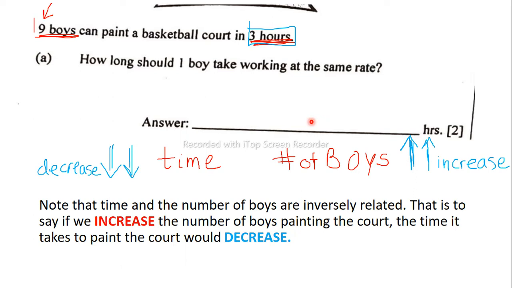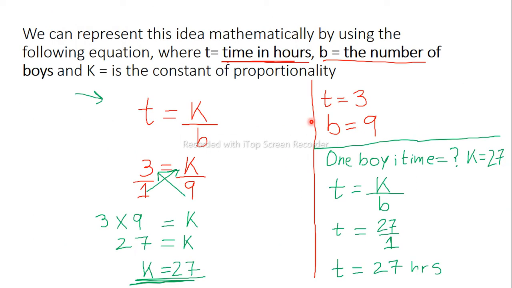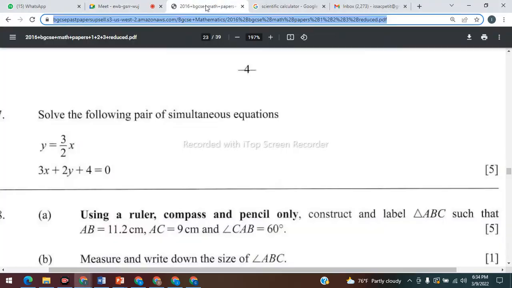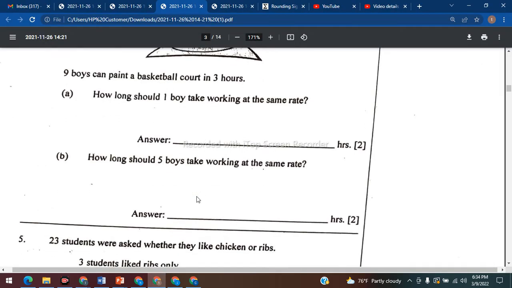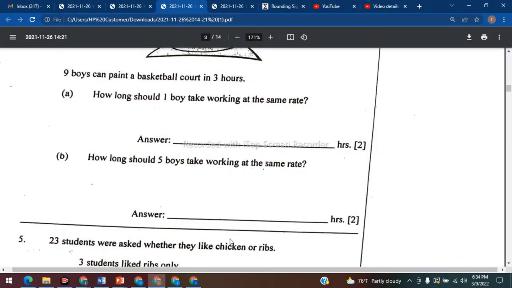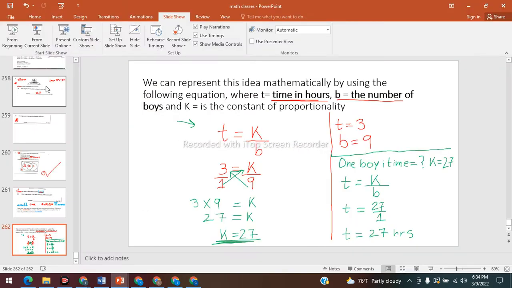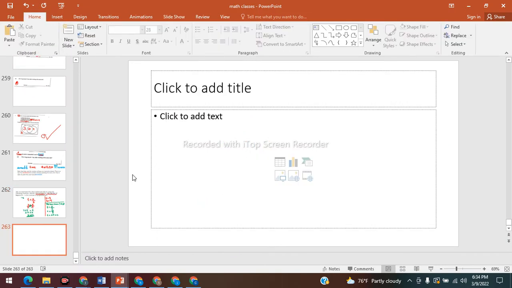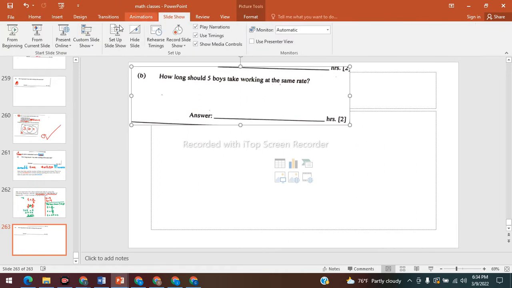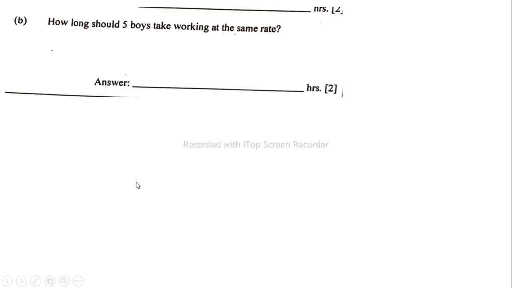Let me allow you to do the second one and see how you would do it. The second one says, what will happen if we have 5 boys? How would we figure that out? We'll still use the 9 times 3 divided by 5. Very good.